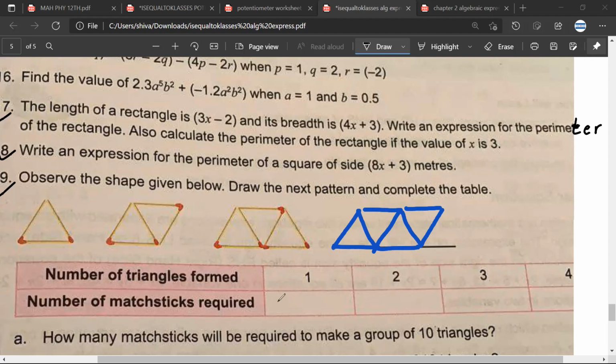So 3. For 2? 5. For 3? 7. For 4? So 9. Mr. Satya, any doubt? No, sir.